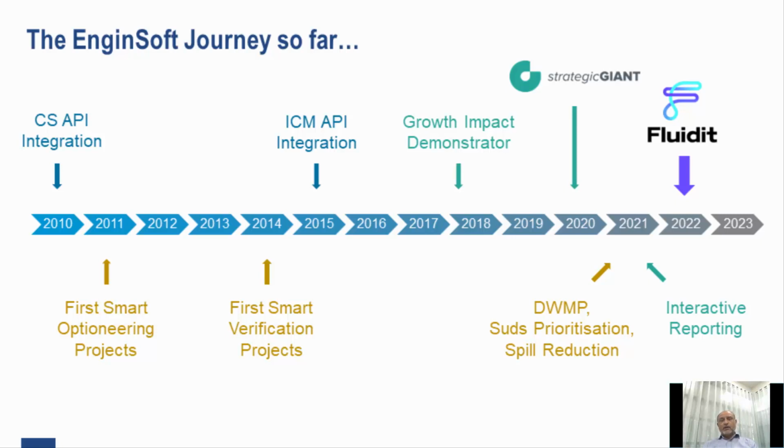Over the last 2-3 years, what we've been working on, some of you may have seen Sam Trent's presentation at UDG at SciWim last November. We've been working to look at how we can deploy all of these techniques and capabilities in DWMP, modelling and understanding of the impact of various scenarios over time horizon, and that's also led to development of techniques and software for SUDS sensitivities and SUDS prioritization, and also more recently spill reduction.